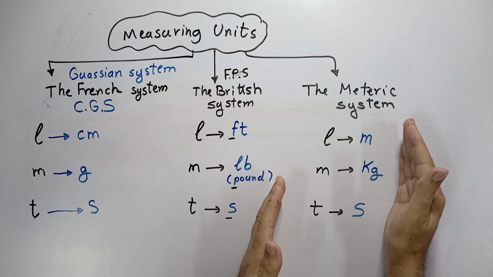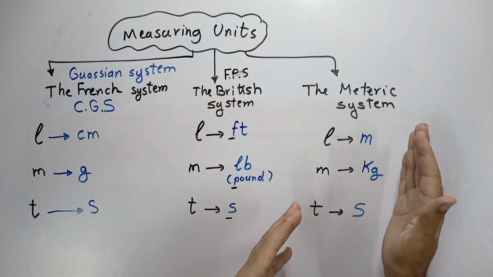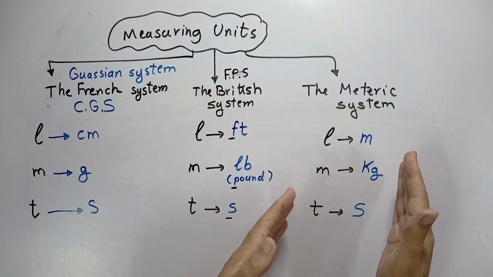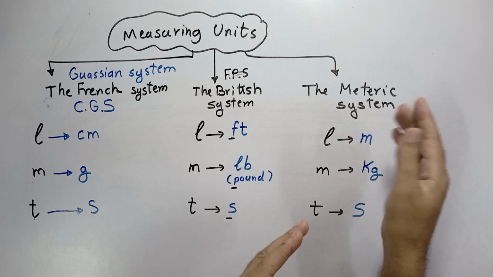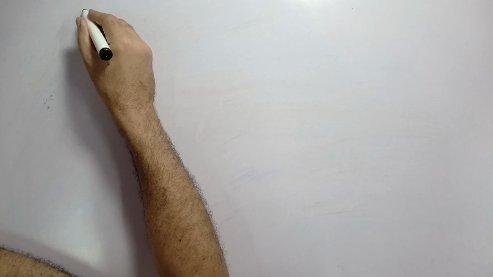so the metric system used the same unit, second. The scientists agreed to add other 4 fundamental physical quantities to the metric system, and they called it the modern metric system or the International System of Units.